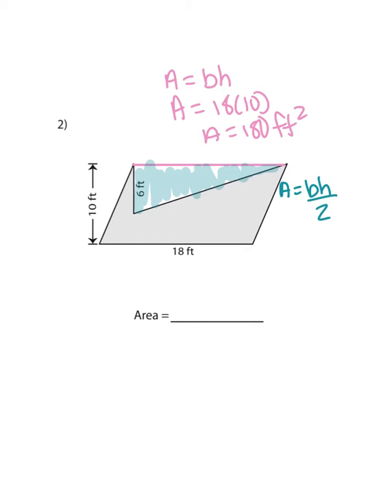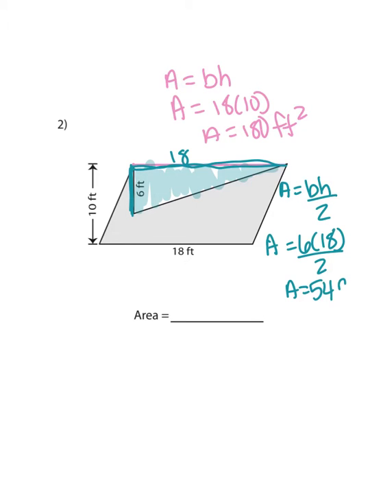Well, knowing what I know, here's my base, this 6, and the height is how tall it is, and that would be this right here. And what's that right there? 18. So that means it's going to be area equals 6 times 18 divided by 2. And that's going to get me 54 square feet.